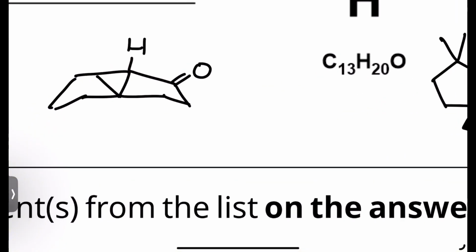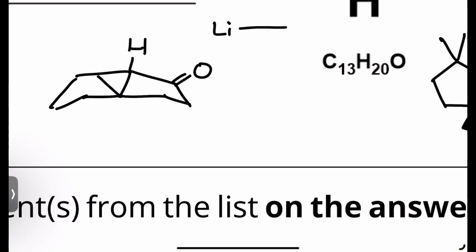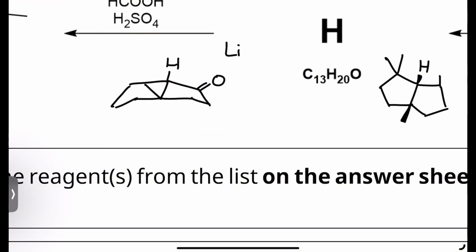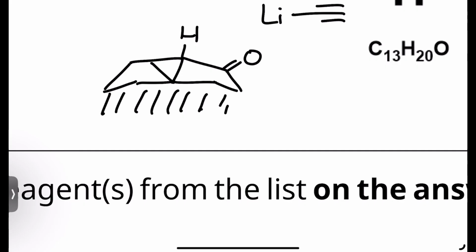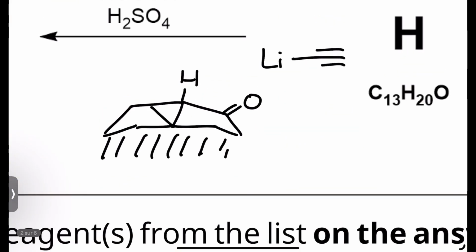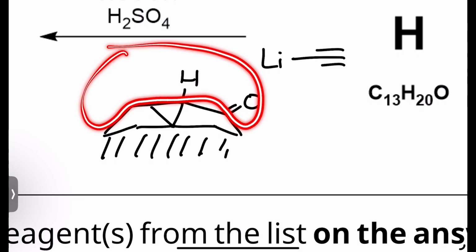Now, the thing is, we have our lithium nucleophile, alkynyl lithium. As you can see right here, this bottom face is kind of hindered because look at this carbon, this ring part. It is covering the bottom face. So if a nucleophile is coming up from the bottom, it's going to be harder to attack. An easier pathway is to come from the front, because the front is way more open.